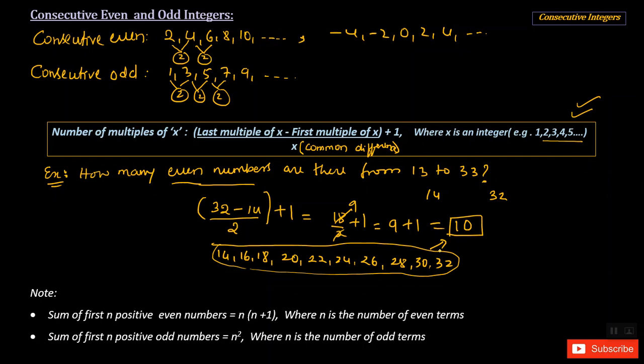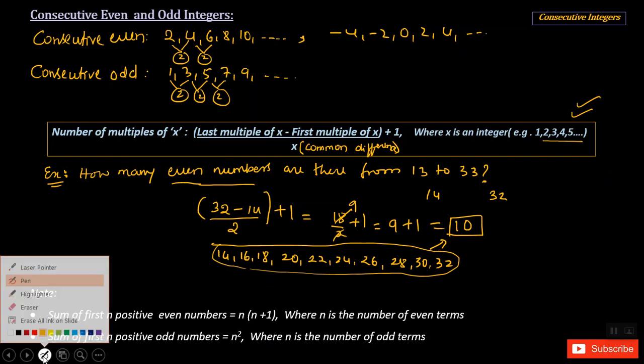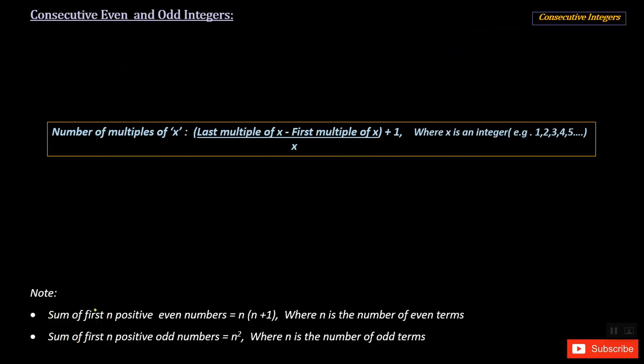All right. Okay, so other type of question what you may expect with this one is, let me just erase whatever the things I wrote, erase all. Other type of question what you may expect with this one is finding the sum. Let's take another example.